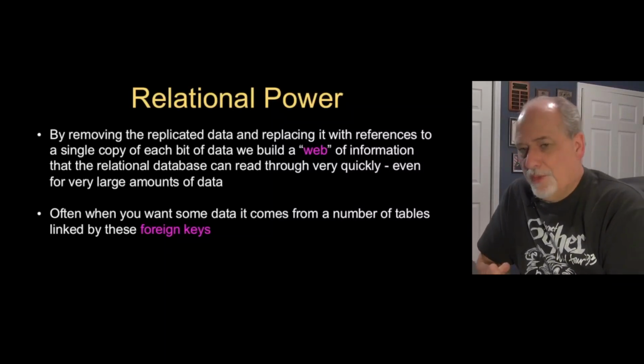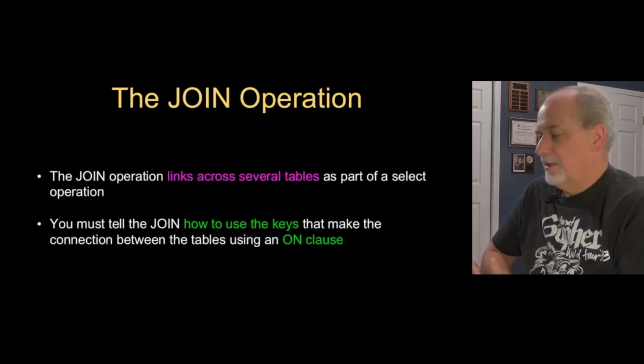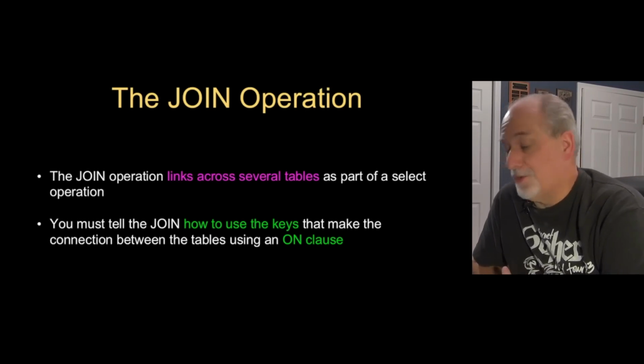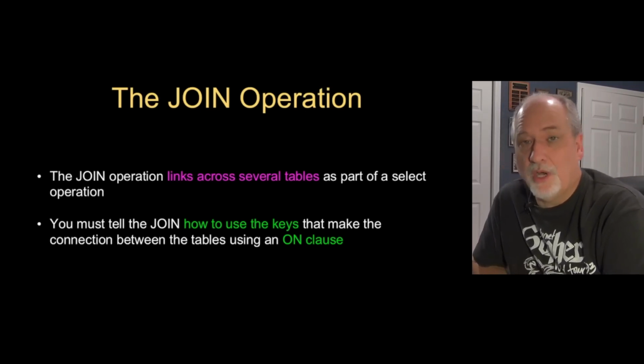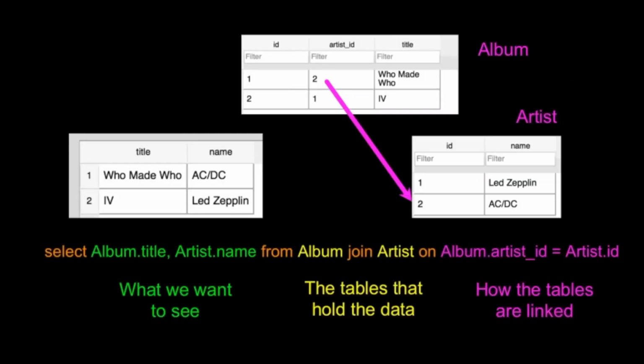We have done this for efficiency of storage, efficiency of scanning, etc. But we do need to traverse these foreign keys at times, and the database software will do this for us automatically. So the join operation is a way to specify in a select statement that you want to pull data out of more than one table, and then specifying using what's called the on clause exactly how you want that data pulled out. And so here we go.